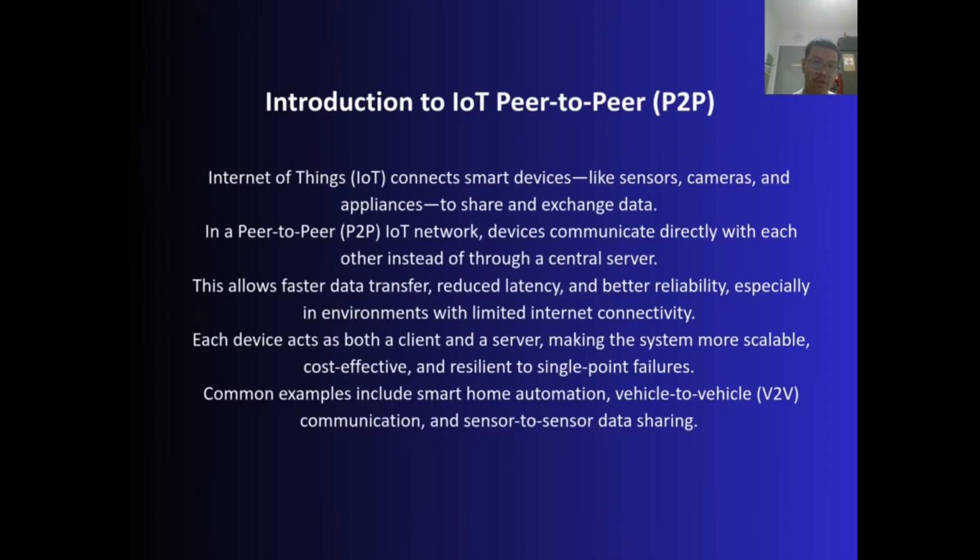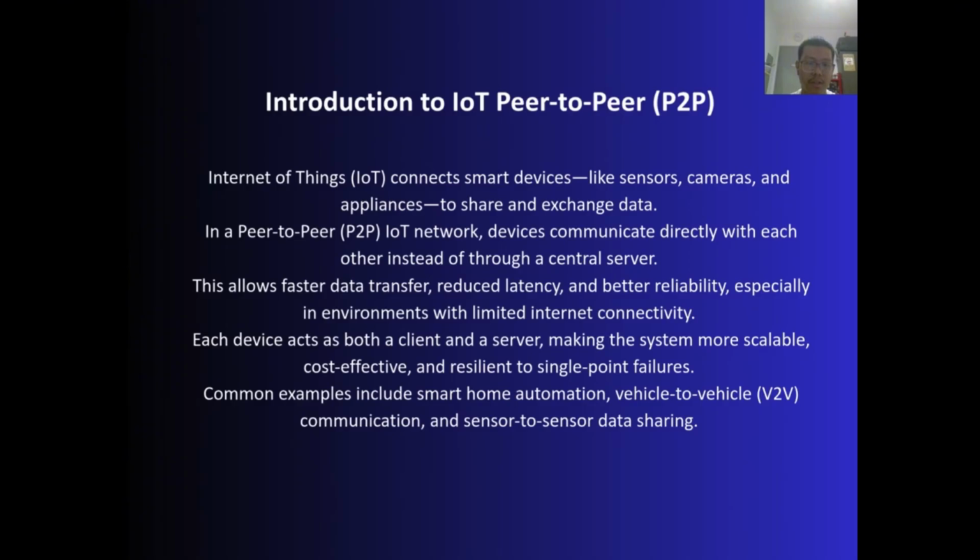explain a bit about IoT peer-to-peer networks. The Internet of Things (IoT) connects smart devices like sensors, cameras, and appliances to share and exchange data. In a peer-to-peer IoT network, devices communicate directly with each other instead of through a central server.